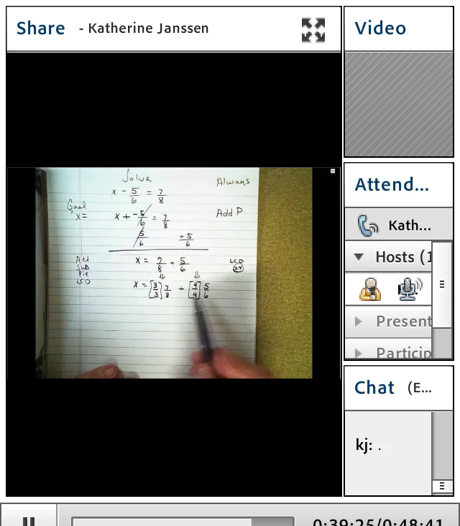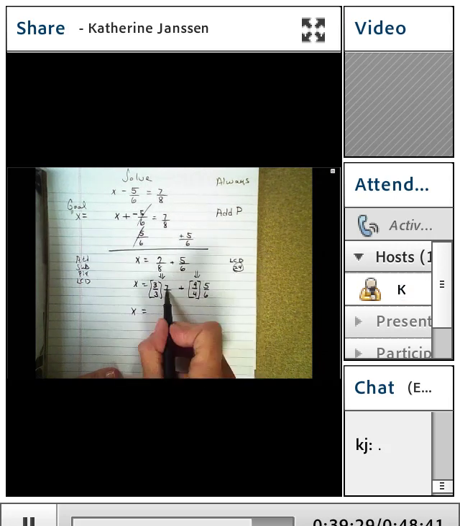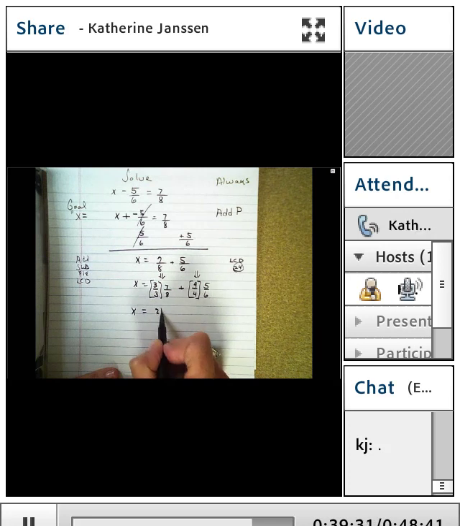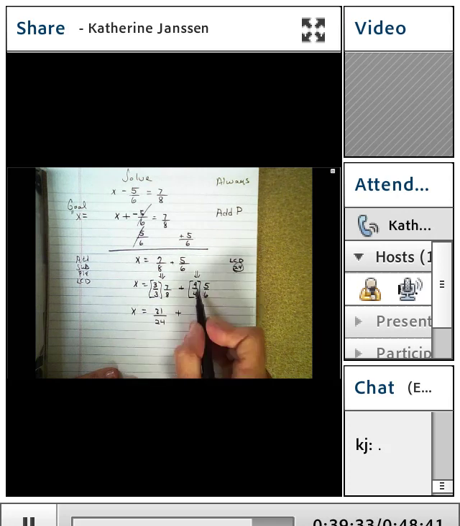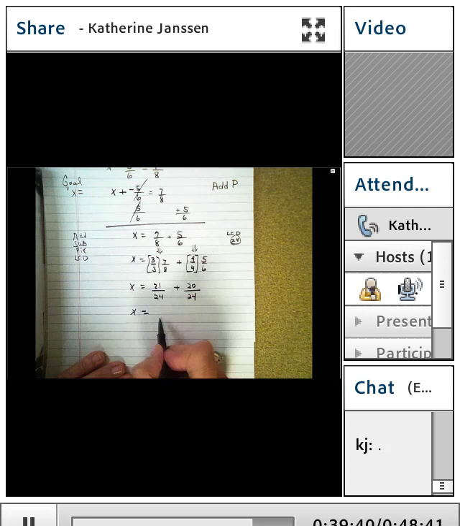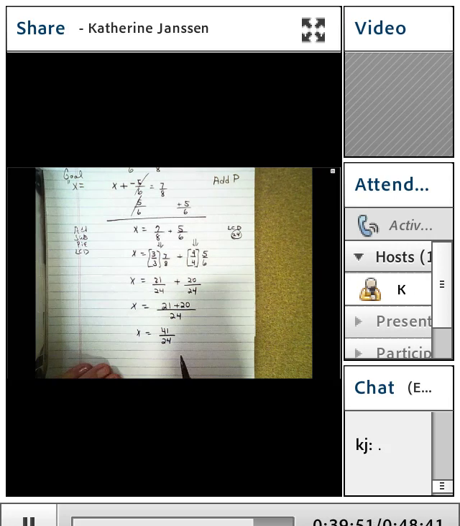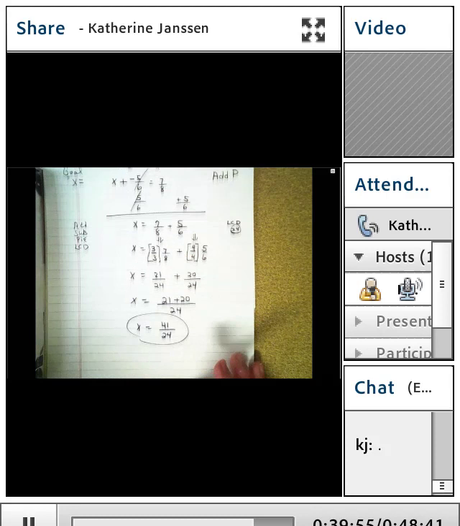I'm just converting to its equivalency in 24s. 3 times 7 is 21 over 24. Plus 4 times 5 is 20 over 24. I now have a common denominator, so I can add my numerators all over 24. X equals 41 over 24. 41 is prime, so I can't simplify that any further.